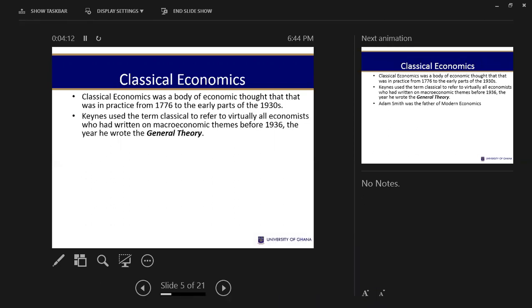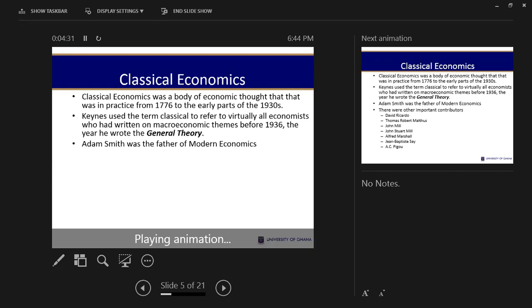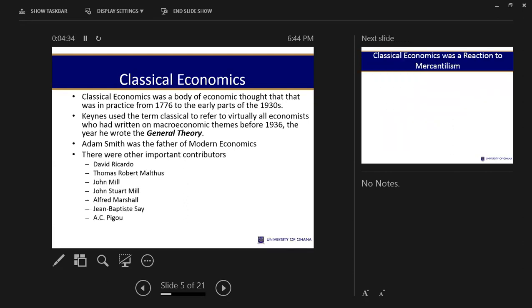Okay, so this is it. John Maynard Keynes wrote the general theory of econs in, I think, 1936. So whatever macroeconomic theory that came before that year, those are the people that we'll be talking about. So Adam Smith was the father of modern econs. Then all these people too, they all came before Keynes: David Ricardo. I'm sure you've heard their names before.